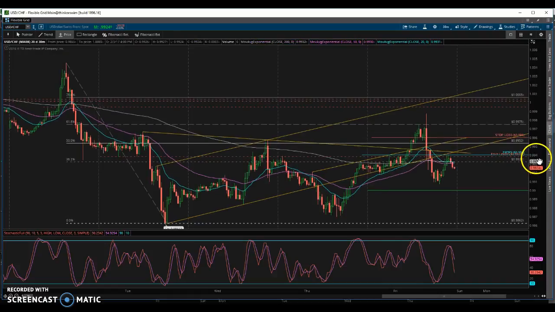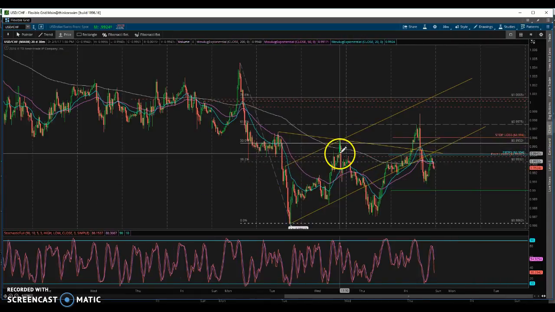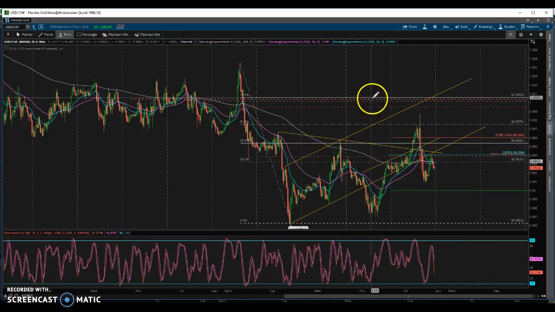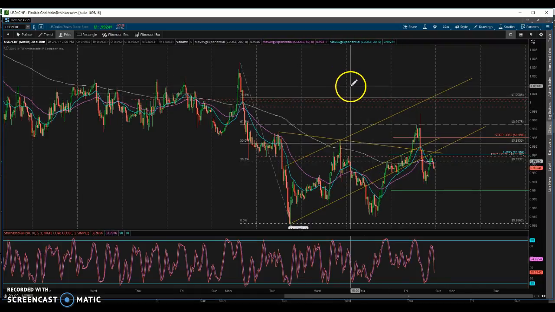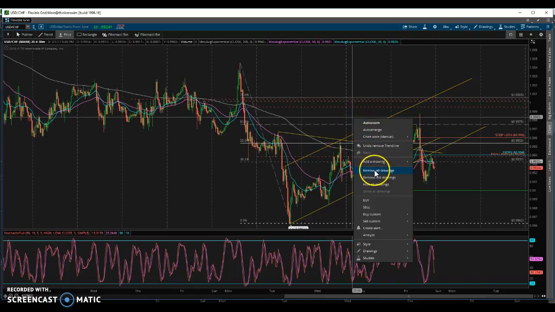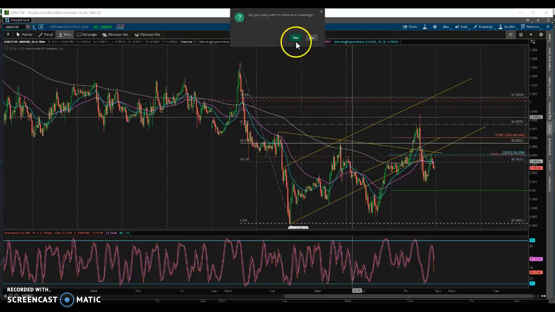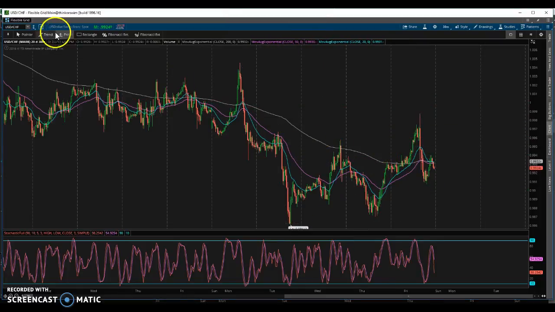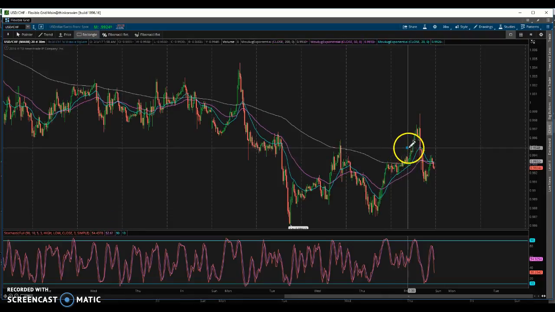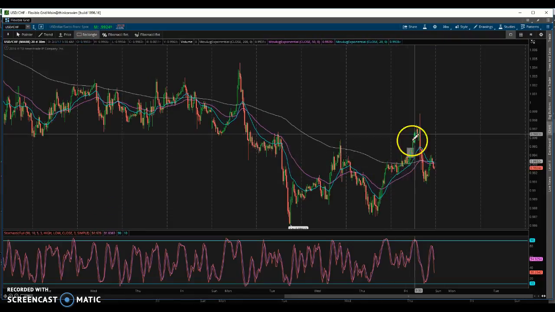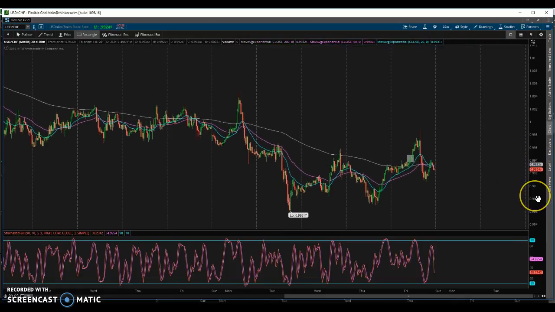I think the main thing I'm going to do in the future is just stick to what I typically do. If I delete this lower time frame analysis and show you, this was my entry right there, and it just pretty much blew right through my entry and right on up to my stop.